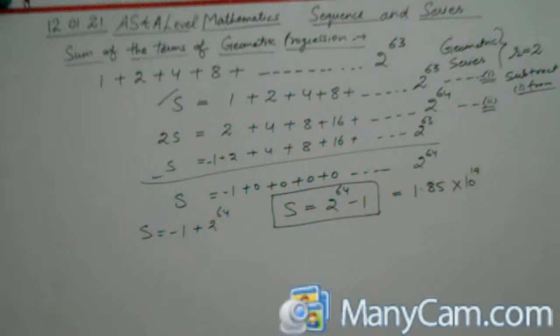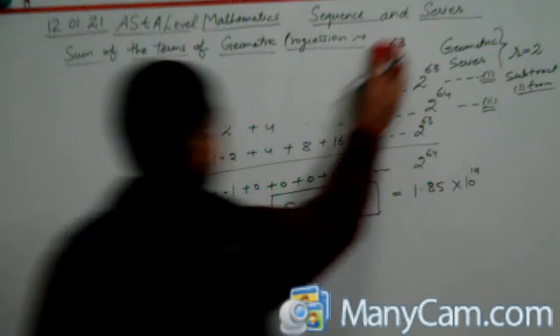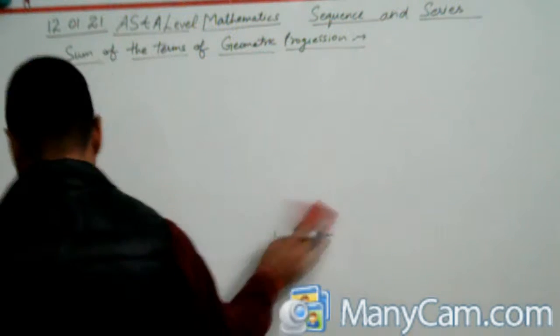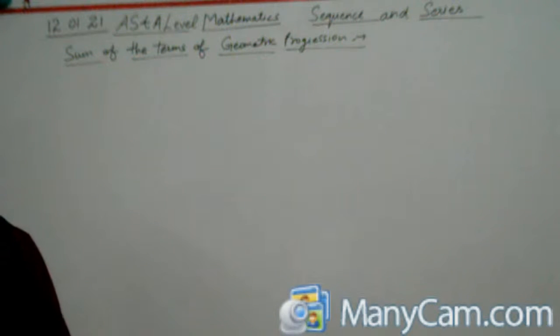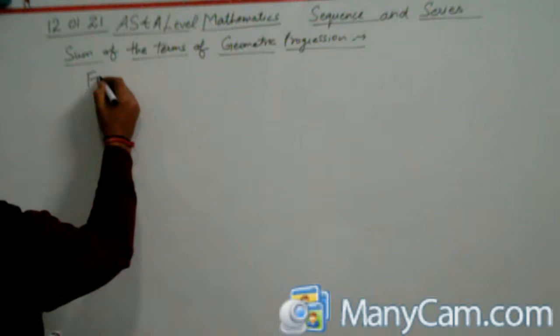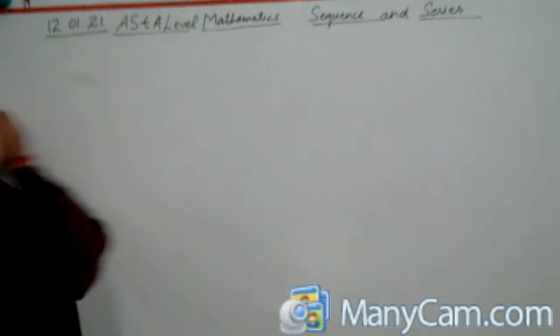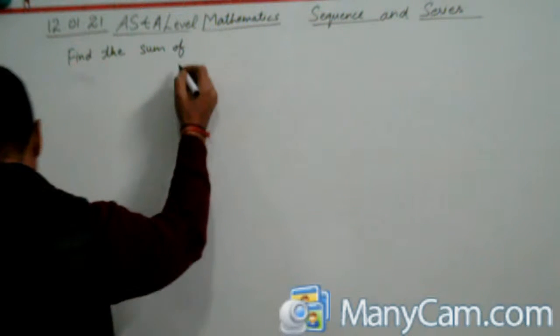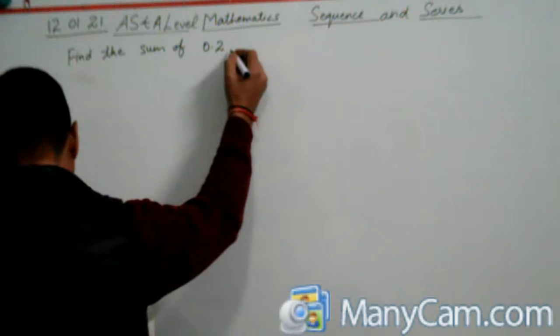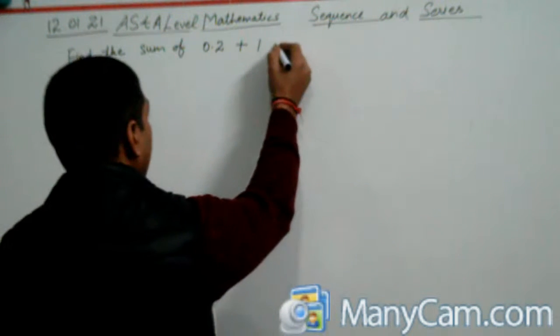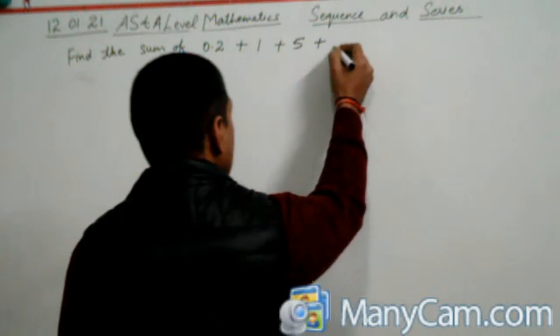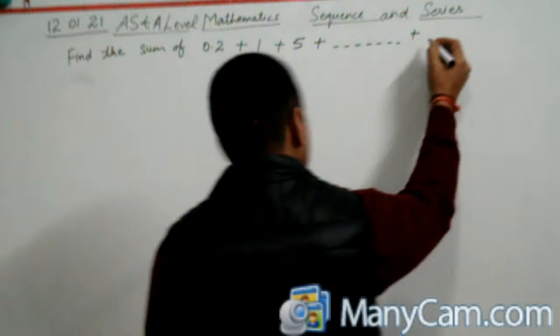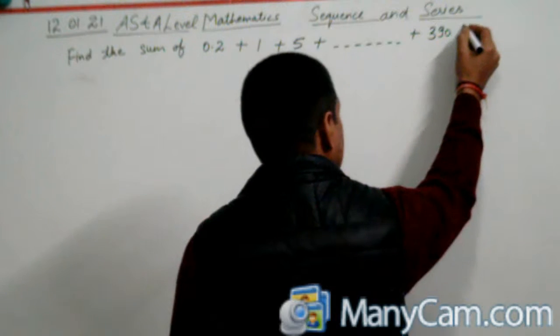So next we have one more equation. Find the sum of 0.2 plus 1 plus 5 plus so on plus 390,625.